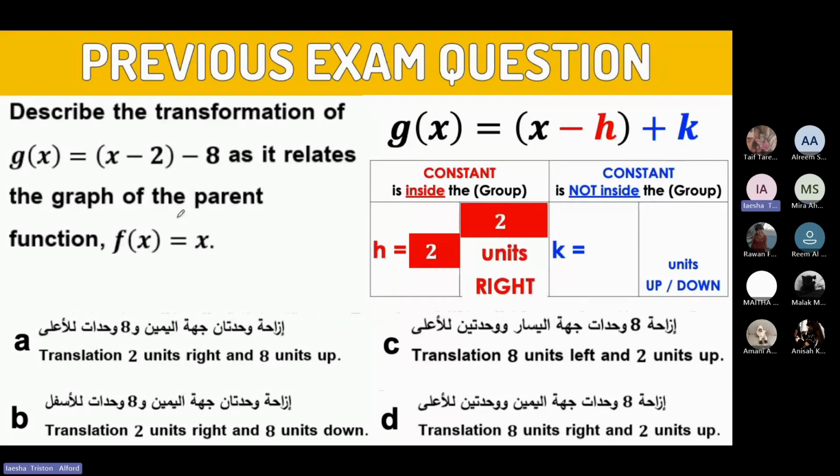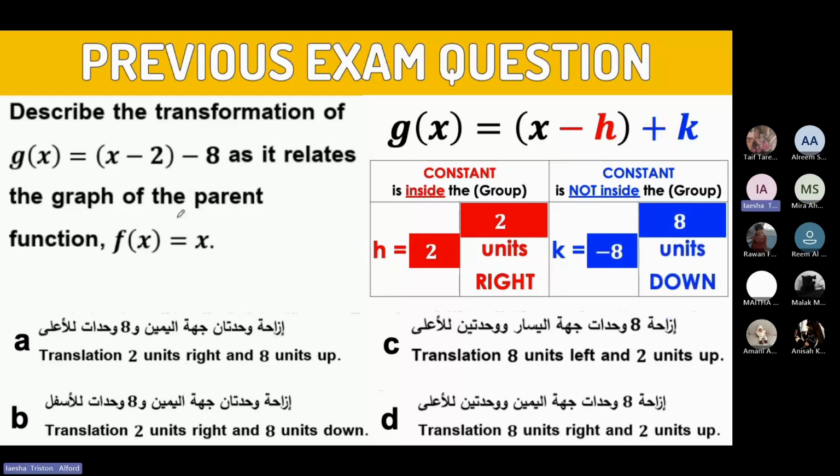Right. And what number is k? -8. 8 units down. Only that. Which answer choice is correct? B. That's it. I hope you see the same multiple choice question like this.